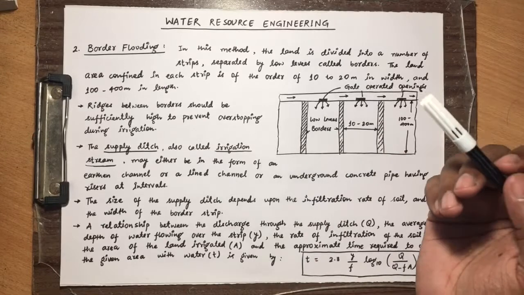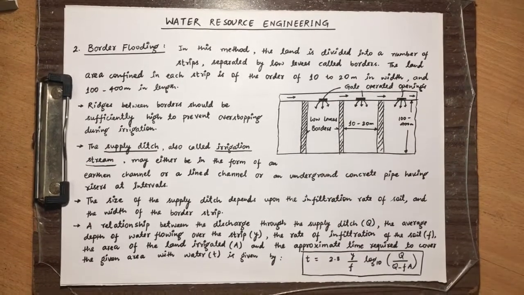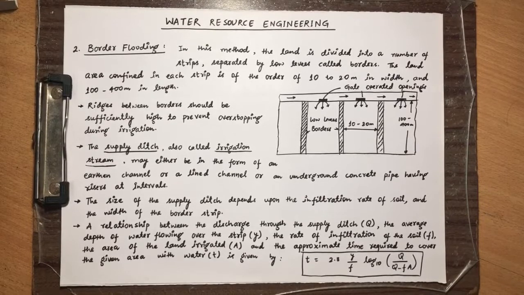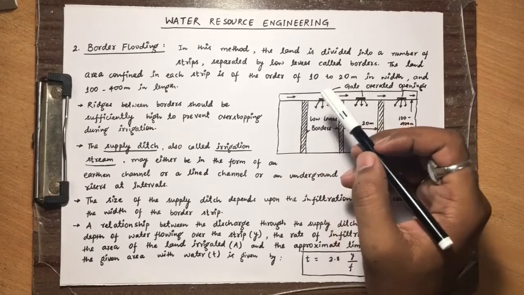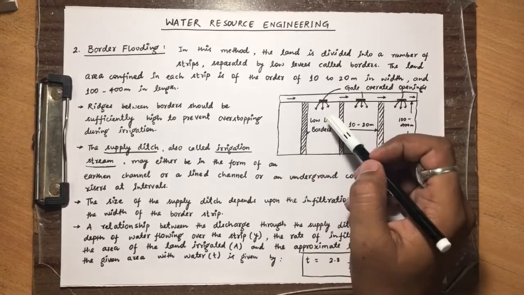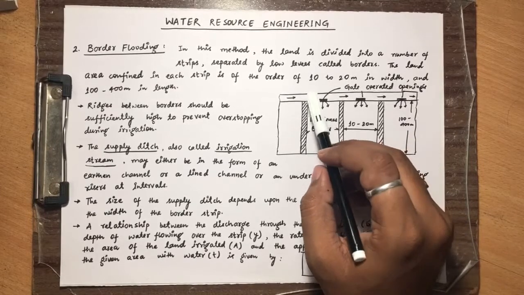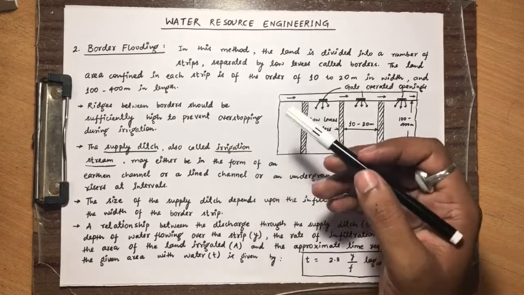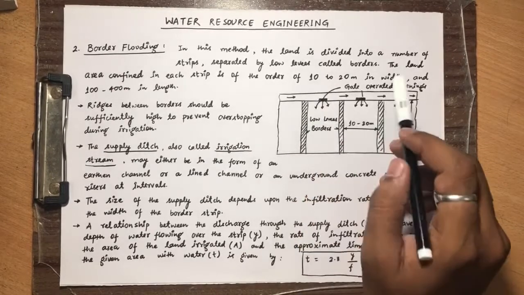Infiltration is the rate at which water enters the soil. If it is high, the soil will capture more of the water entering the channel, so we have to provide a large volume of water. For that we need a deeper and wider water supply.